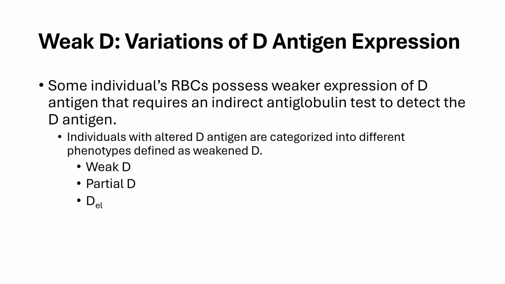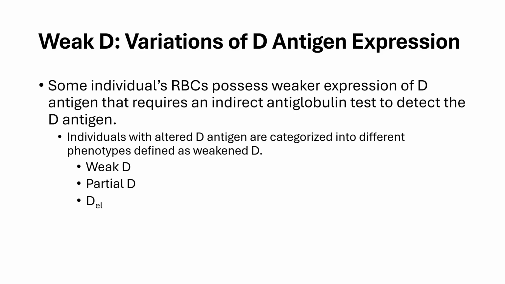So we have weak D, which is characterized by a reduced quantity of the D antigen on the red blood cell surface. These individuals typically have a complete but diminished D antigen. Partial D, these are individuals that express only parts of the D antigen due to changes in the protein structure, and they may develop anti-D antibodies if they are exposed to the missing parts of the antigen through either transfusion or pregnancy.